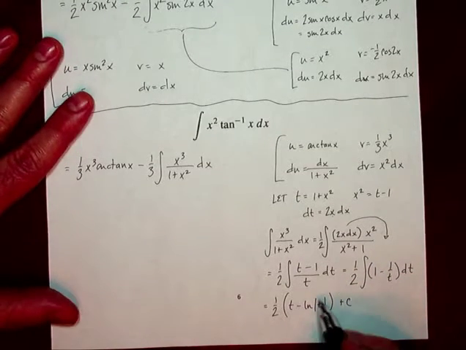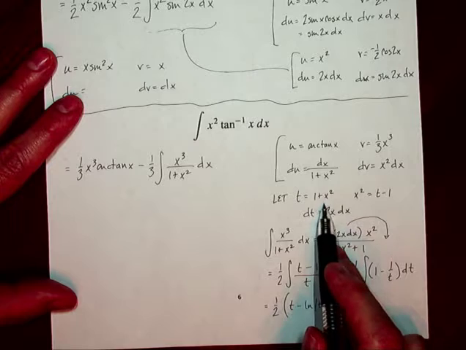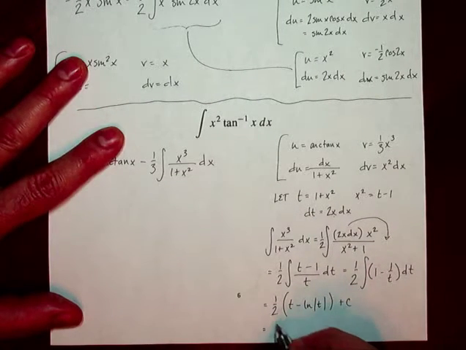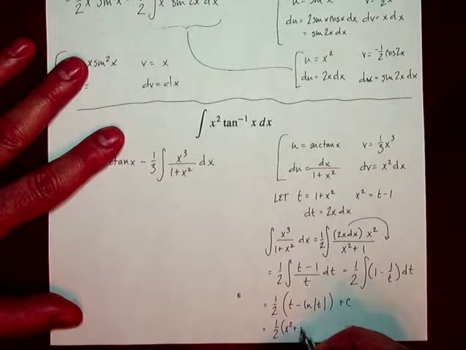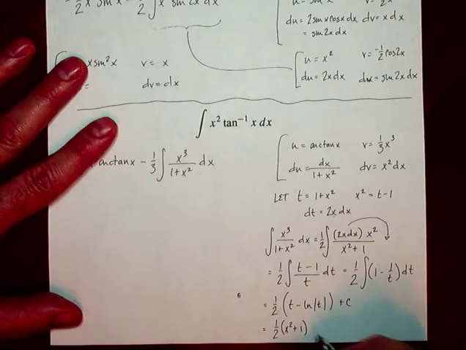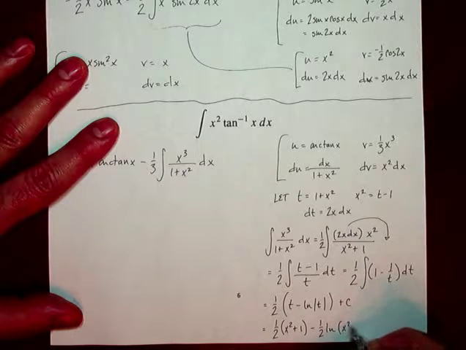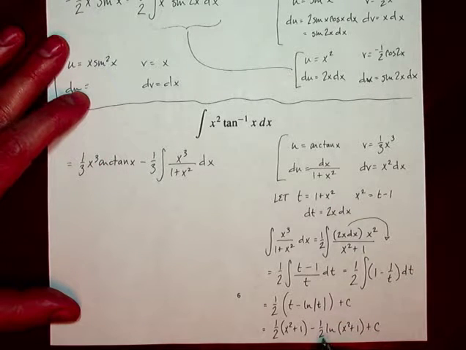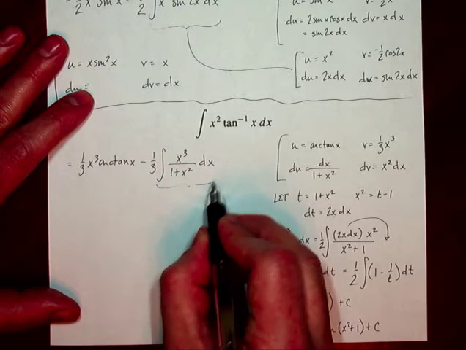Well, you're not going to need the absolute value because t is x squared plus 1, and that's never negative, right? And so what I have here is 1/2 (x squared plus 1), or 1 plus x squared, whichever you want, minus 1/2 natural log of x squared plus 1, plus c. Now this right here is this integral.